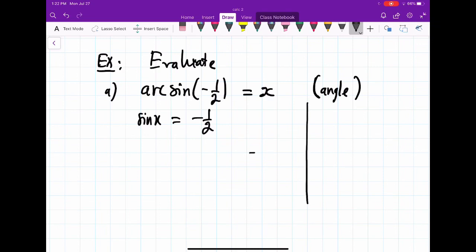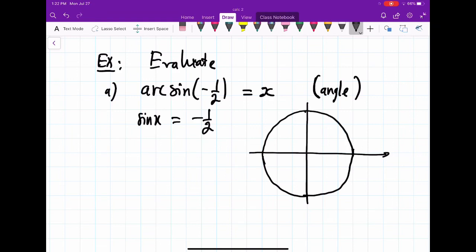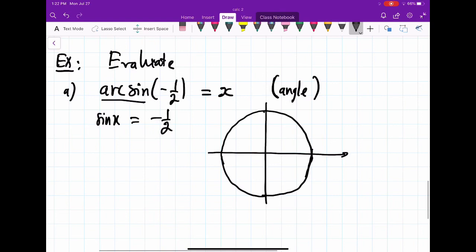We need to solve sine equal to -1/2. So suppose this is my unit circle. Okay. Since we are considering arcsine, that means we are considering only this part, from -pi over 2 to pi over 2. If we don't say anything, we're just talking about that. The sine equal to -1 over 2. Where's that? So here is 0, here's -1, here's 1. -1 over 2 is right here, right?